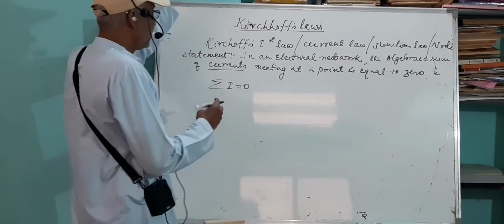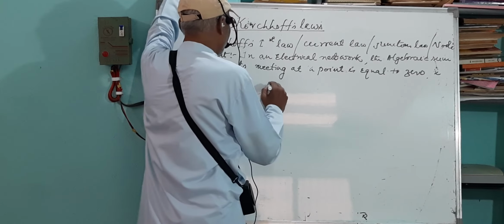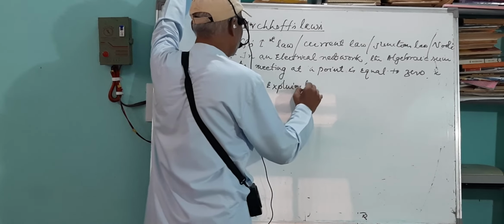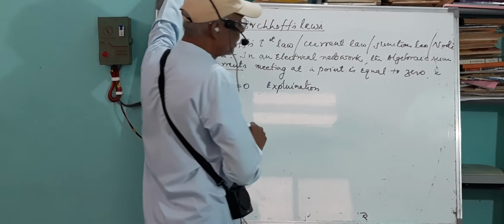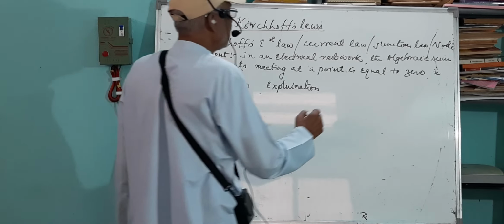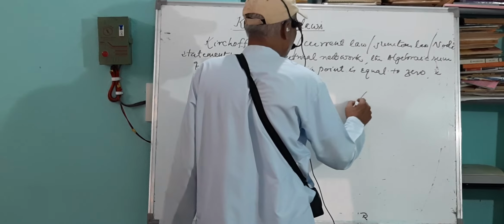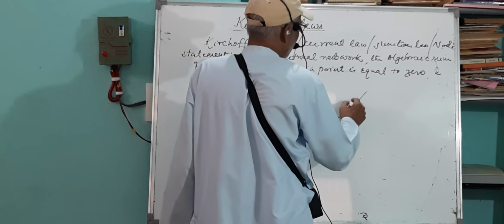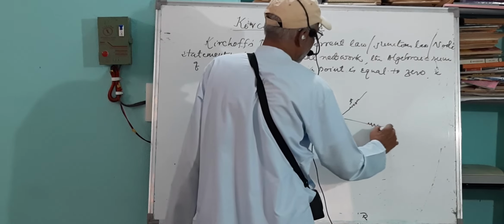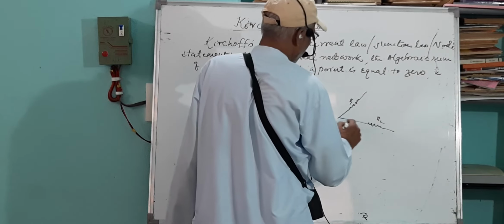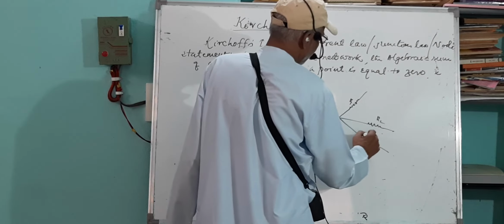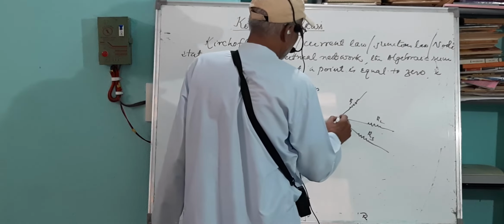Now for the explanation, we are considering five conductors. This is the first conductor having resistance R1. This is the second conductor having resistance R2. This is the third conductor having resistance R3.